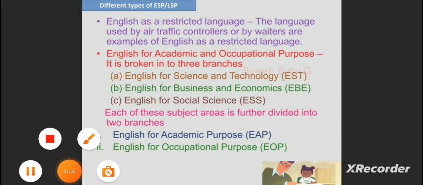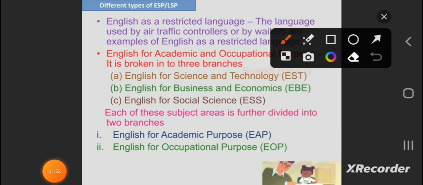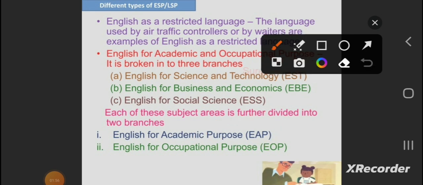Next, English for academic purpose. Focuses on the language and skills needed for academic study and research. It helps students develop proficiency in reading academic text, writing essays and research papers, and participating in academic discussions.